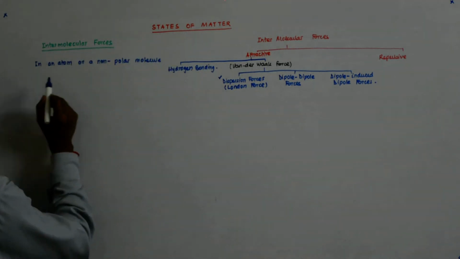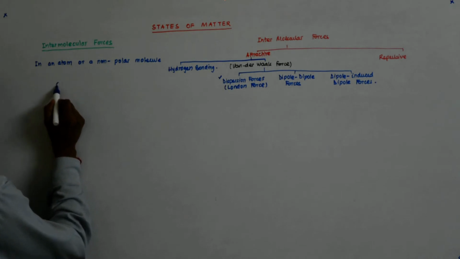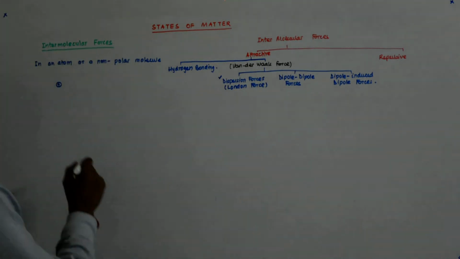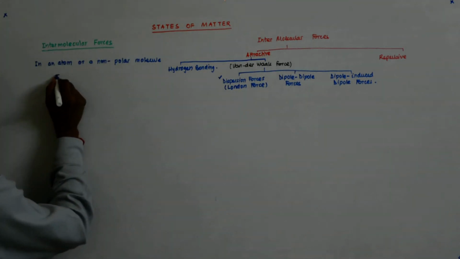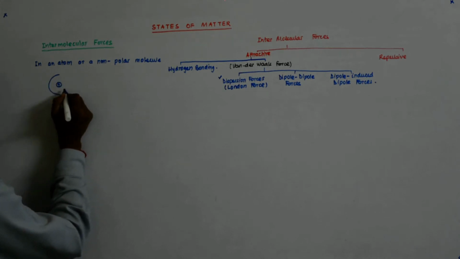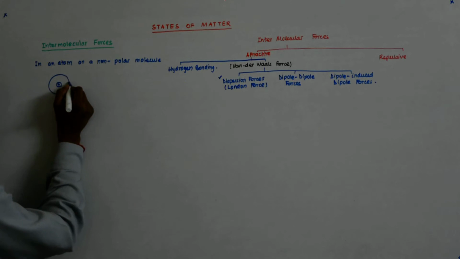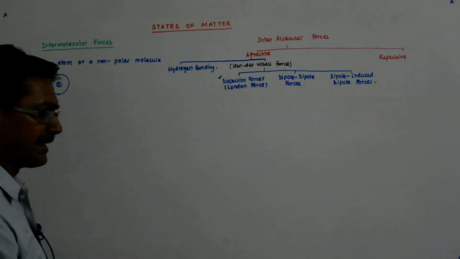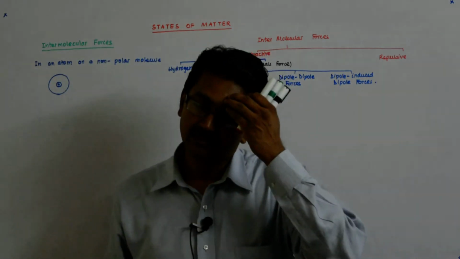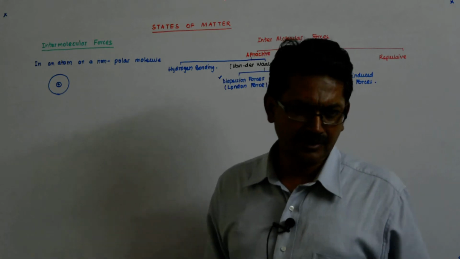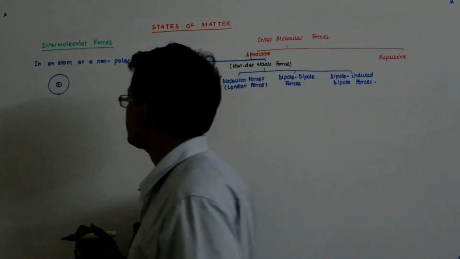So let us first of all see an atom. An atom has got a positive charge in the center, which we call the nucleus, and it is surrounded by a negative cloud like that. Now that you have studied the orbitals, you know that they are not like that and they are different shapes.